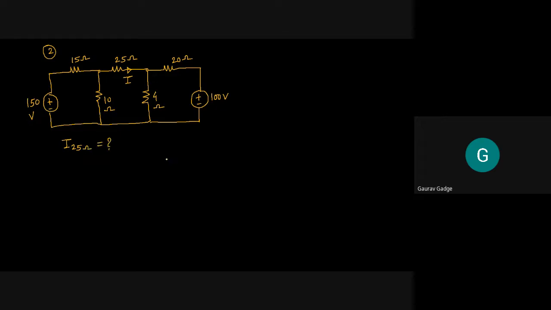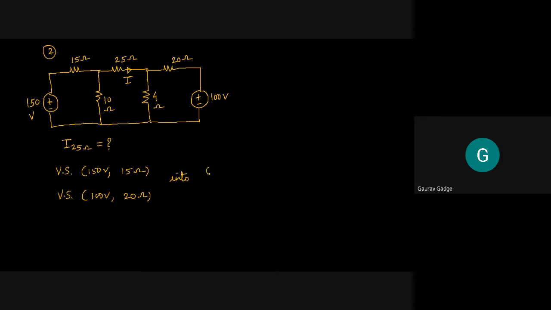Okay. So as we have already crossed 1:15, I don't want to take much of your time, as it is a break time for you people. So what you have to do in this particular circuit is transform the present voltage sources, 150 volt with 15 ohms, and the second voltage source of 100 volt with 20 ohms, into current sources.